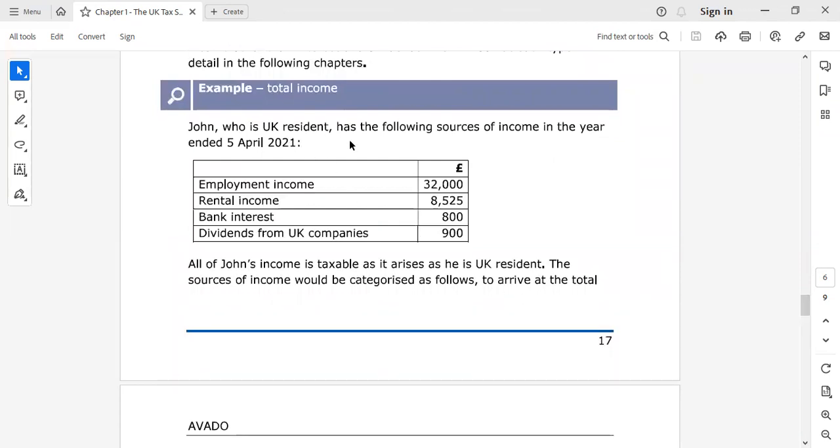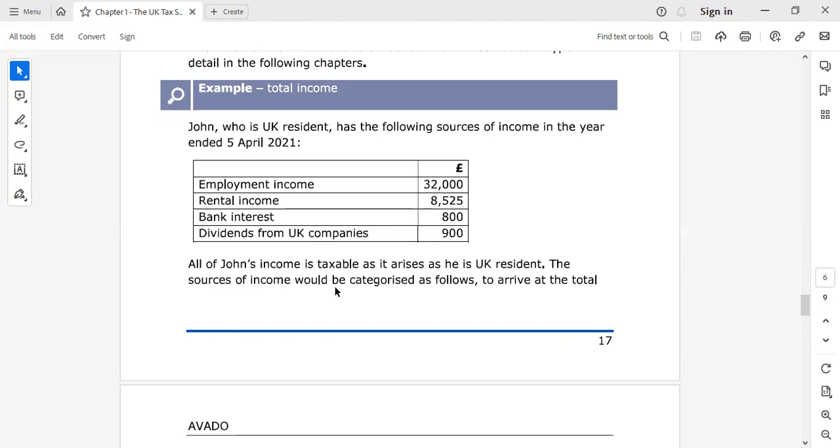John, who is a UK resident, has the following sources of income in the year ended 5th of April 2021. From employment, he got 32K, rental income is 8,525, bank interest is 800, dividend from UK companies is 900. All of John's income is taxable as it arises as he is UK resident.